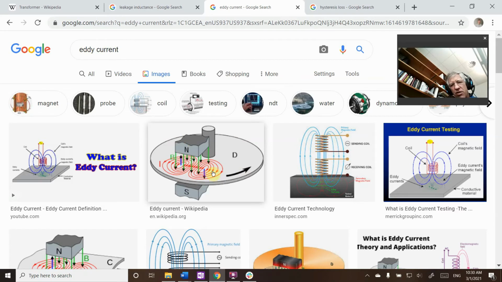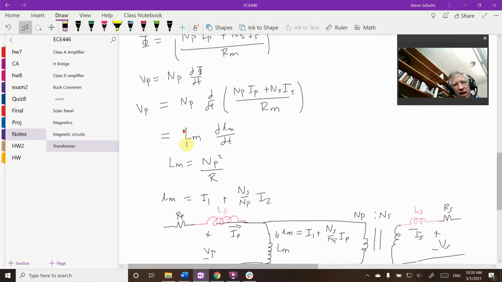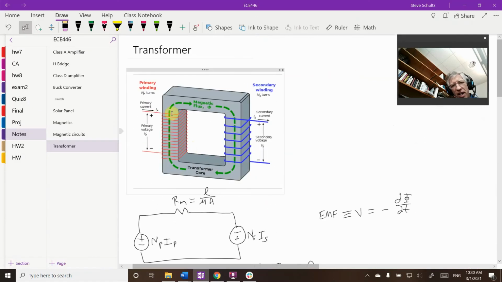This is electric flow inside of my magnetic material. So if I go back to this picture, I'm going to get some electric fields flowing inside this magnetic core, and that's going to create heat. That's called eddy current loss.